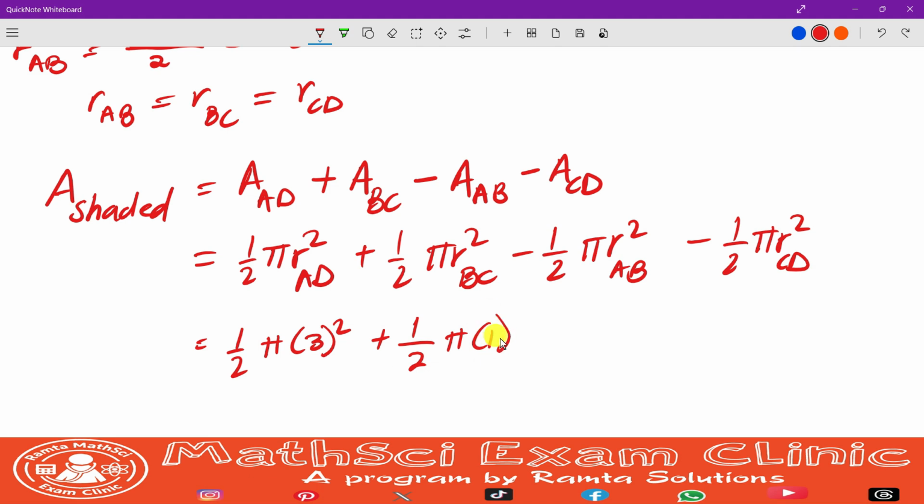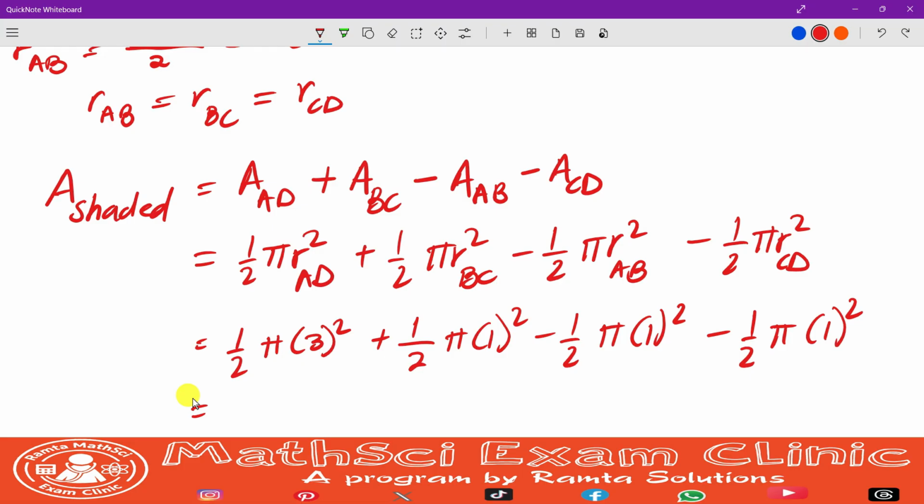So let's see. Okay, so now let's get this value and see what the area of the shaded region is.